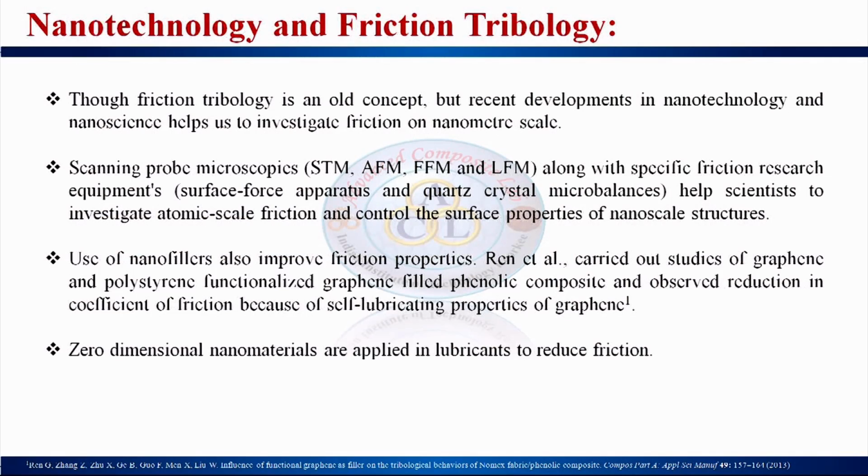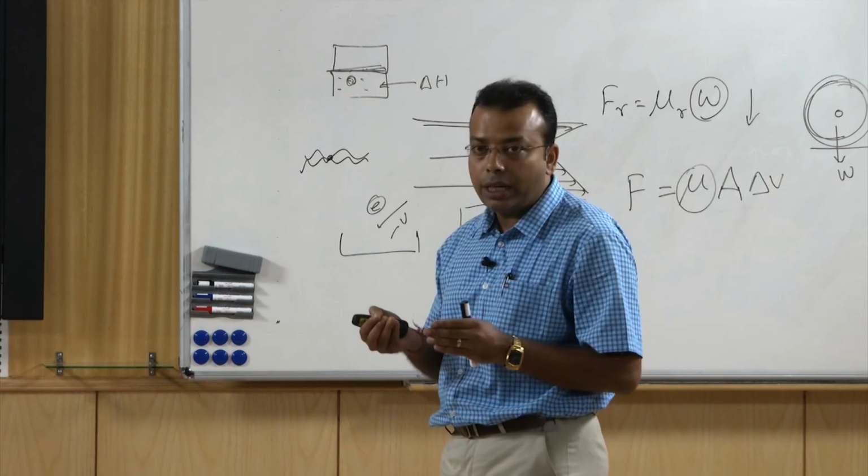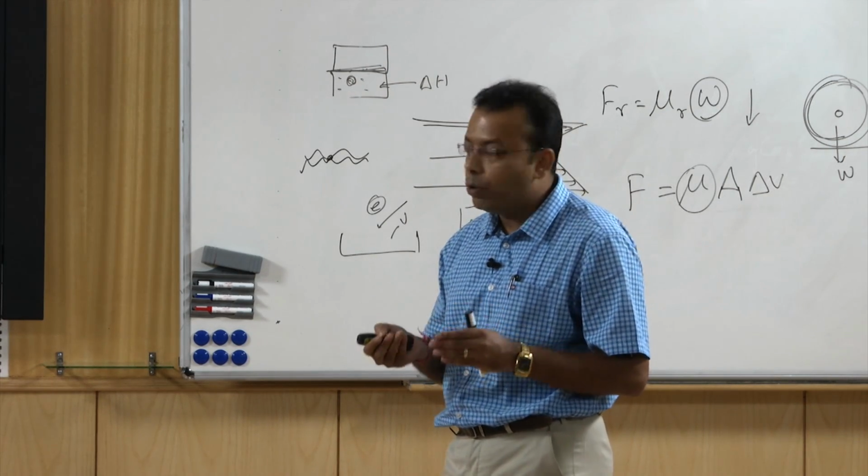Though friction tribology is an old concept, recent developments in nanotechnology and nanoscience help us to investigate friction on the nanometer scale. There are several techniques by which we can measure and detect the frictional tribology of nanomaterials.